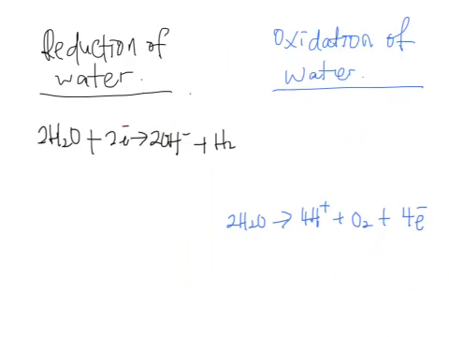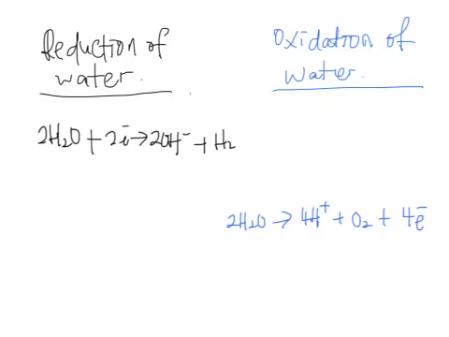In the event that water is the preferred substance to be oxidized or reduced, here I've shown you two different equations: the reduction of water and the oxidation of water. When it comes to reduction of water, you can see that initially your hydrogen is positively charged, +1, and after being reduced to hydrogen gas, it has an oxidation state of 0. So it's +1 to 0, therefore reduction.